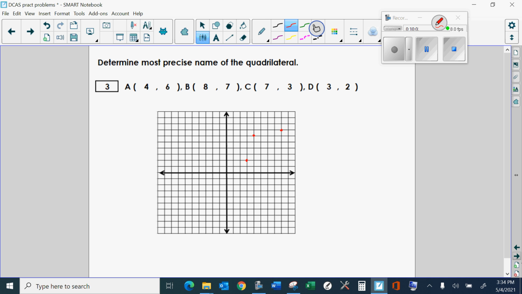So again, if I was to connect these, oh, looks like I missed one. 7, 3. So 4, 6 right here is, oops, forgot it, A. B is 8, 7. C is 7, 3. And D is 3, 2.